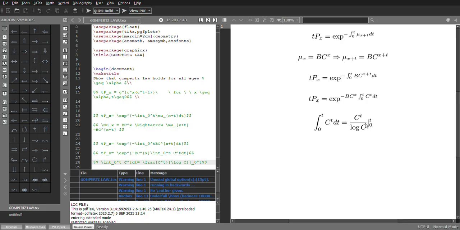When we substitute our limits, we have integrated this with respect to t. So where we have t, we place our limits. We start with the highest limit, which is t.